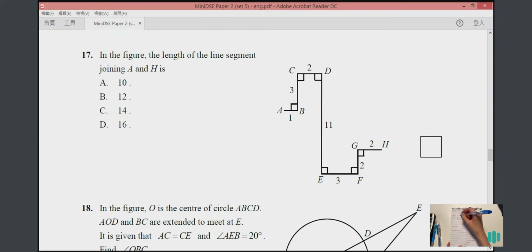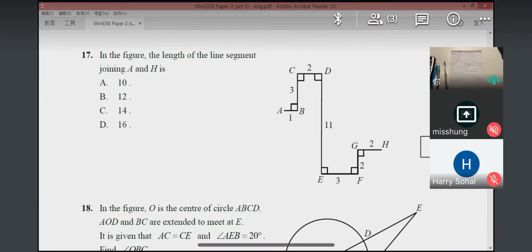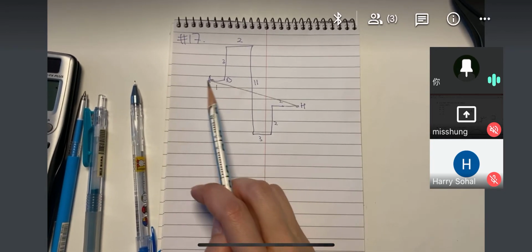AB is 1, 3, 2, 11, 3, 2, 2, and then this one is H. You draw a line joining A and H, because you need to find out the length AH. Can you see that? You need to find out this one.